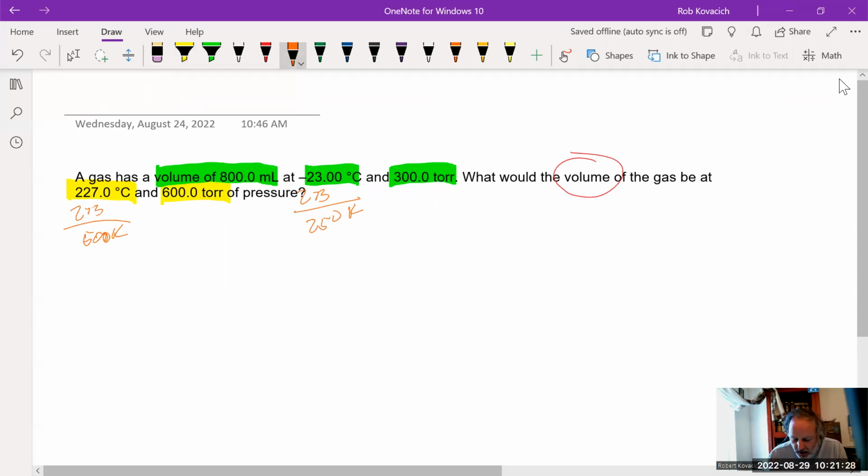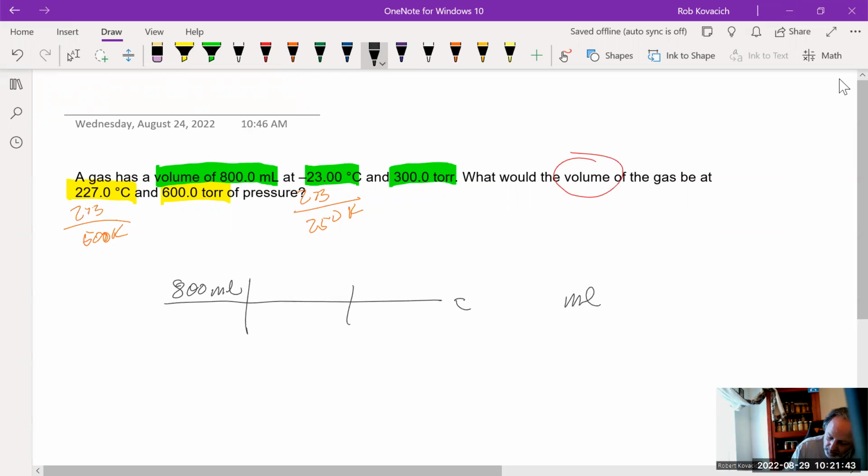All right, so I'm going to set up a railroad track that will allow us to do this problem in a way that gives us the volume unit. So I'm going to start off with 800 milliliters. So when I'm finished, the answer is going to be in milliliters. Now I'm going to compare the two things that we have. We started at 250 K and we went to 500 K. So now I want you to think, what would happen to a gas that was heated?